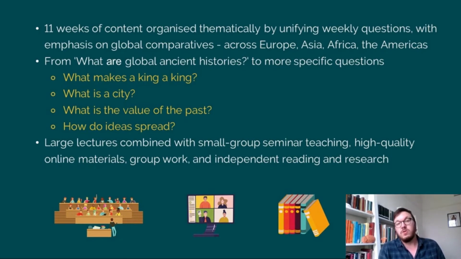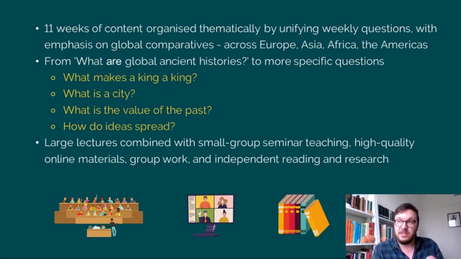What's the value of the past? So how did societies across the world think about their own histories? How did they learn from that knowledge of their own histories? How did they record them? How do ideas spread? And so that's an interesting week where we look at things like the spread of Buddhism as a kind of religion, as a form of culture in Asia.